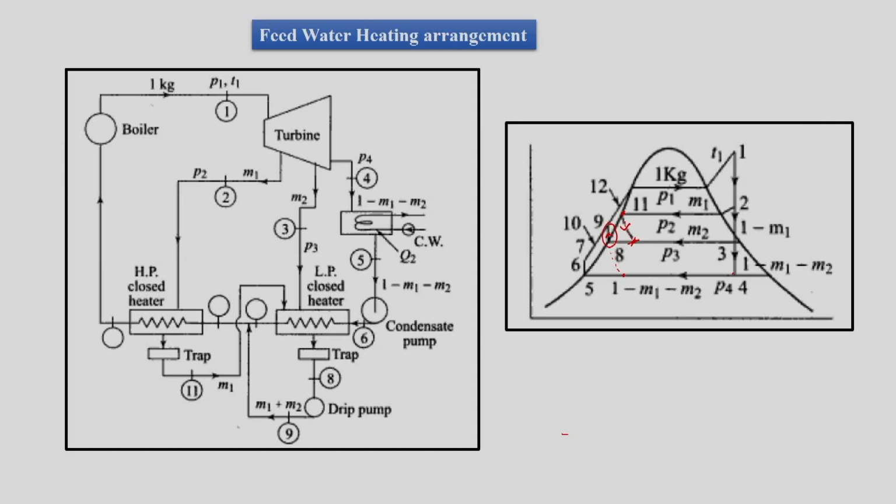So to avoid this, instead of sending it backward, the last feed water heater is a closed feed water heater with pumped forward. Before that we can use any feed water heater of the cascade backward type, but the last, lowest pressure feed water heater should be open type or pumped forward type.